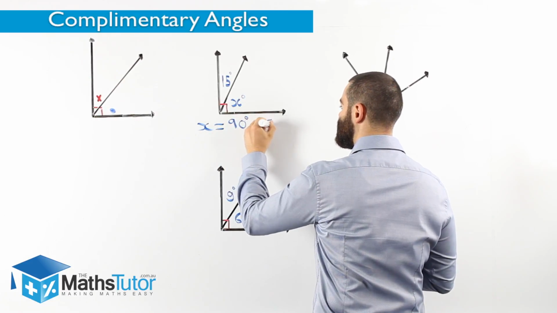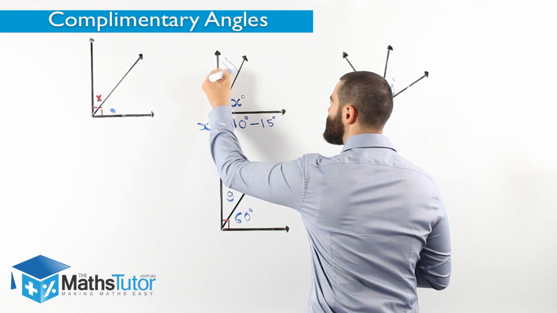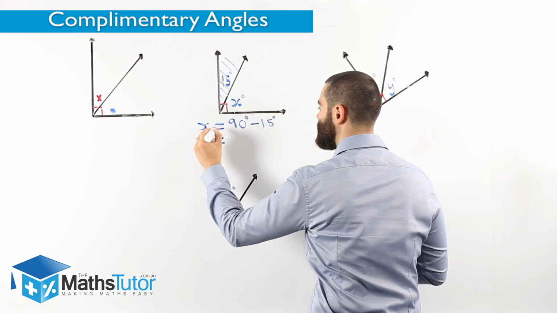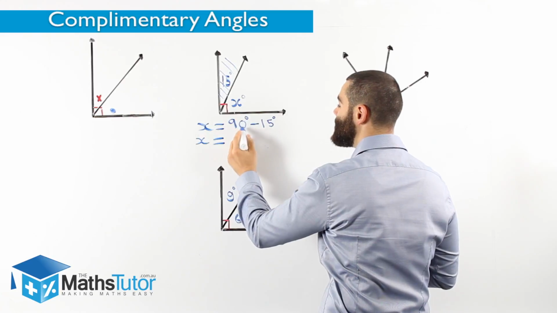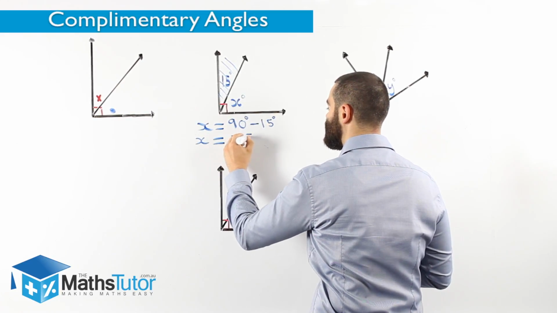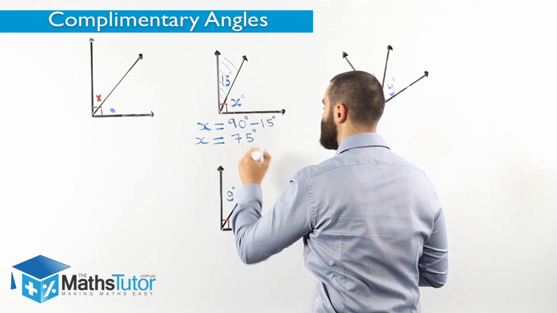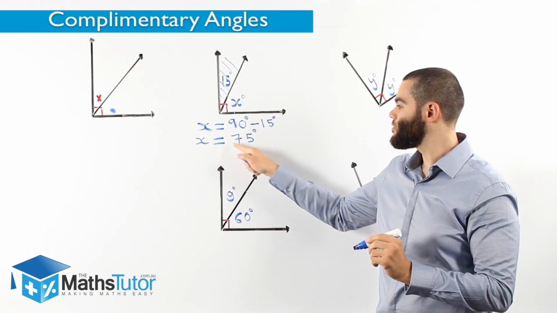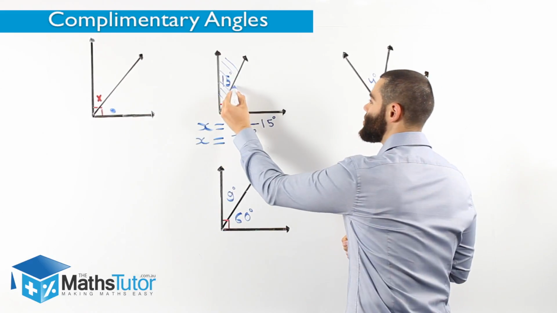Take away 15 degrees, so we're taking this angle away, and we're going to be left with x. So x is 90 take away 15, which is 75 degrees. So x equals 75 degrees, which is this section here.